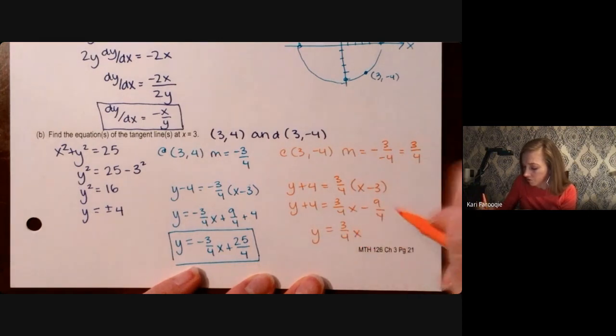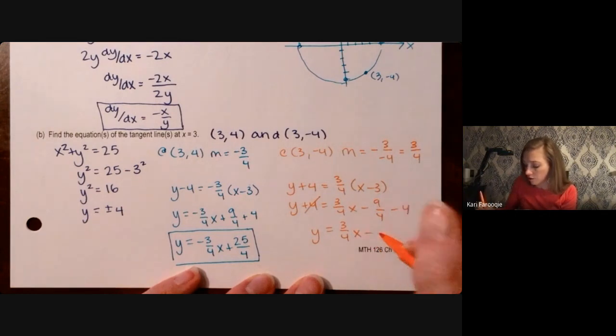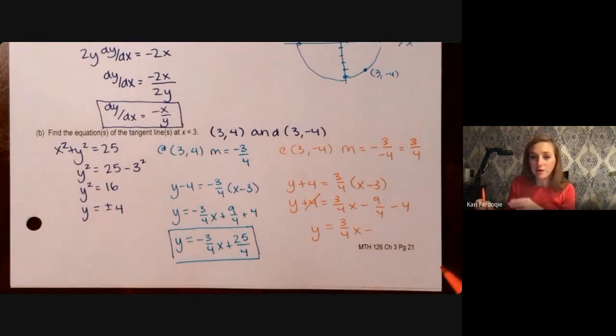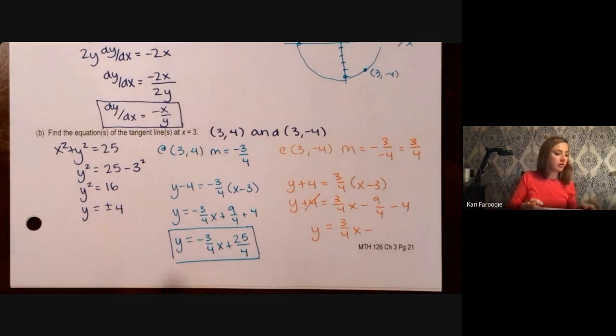So now we're going to be subtracting 4 from both sides, which gives you -25. Oh, wait. What am I doing? -9/4 minus 16. Hold on. What did I do? I don't know. I think I just did it wrong the first time I did it.